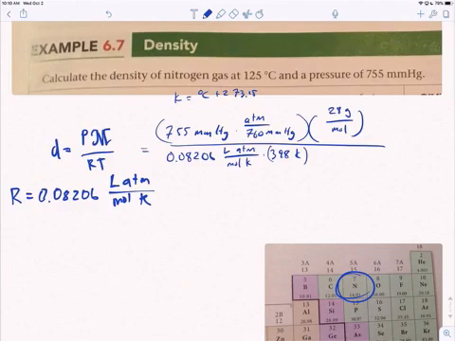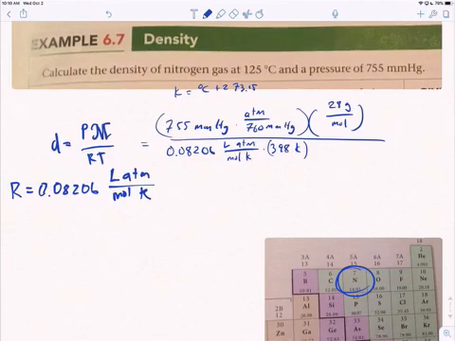And it is equal to 0.851 grams per liter. So if you look at the units, millimeters of mercury cancel, atmospheres cancel, 1 over moles cancels, kelvins cancel, and we're left with grams per liter.